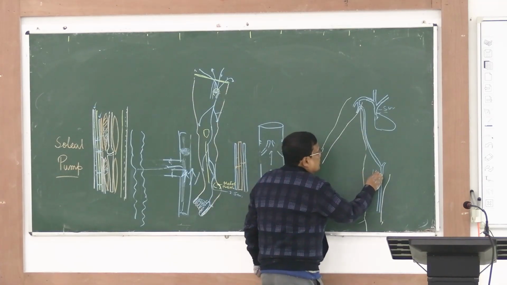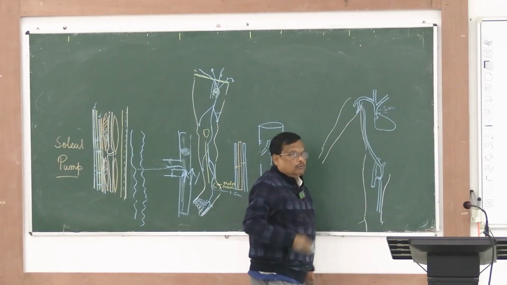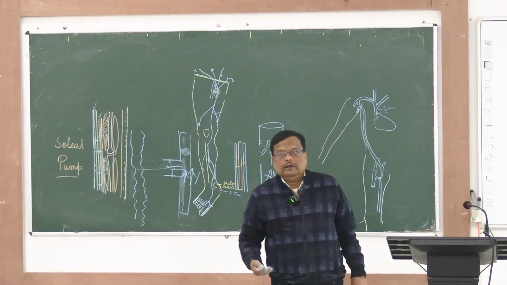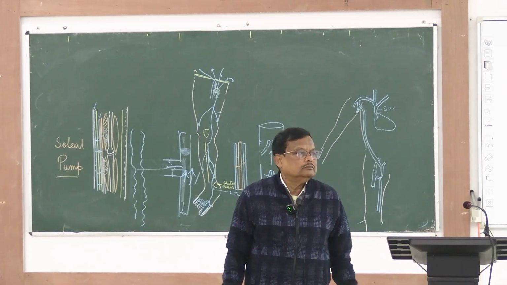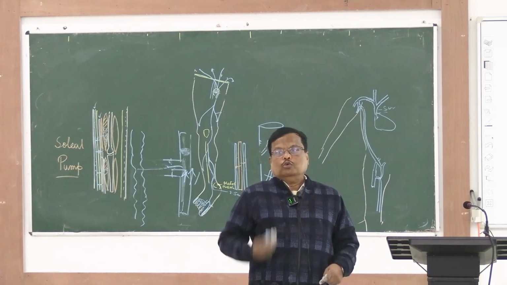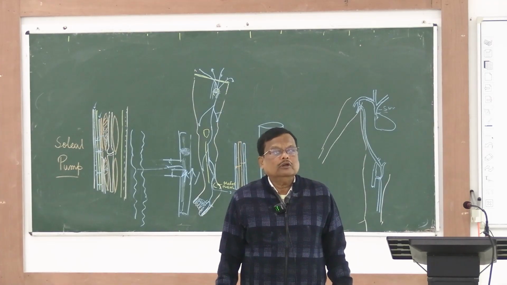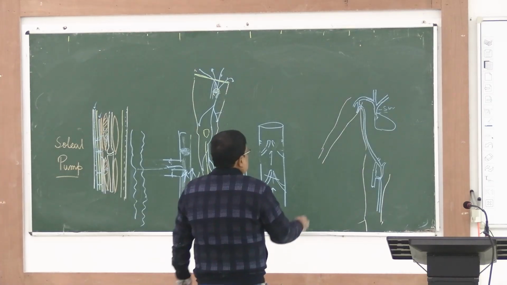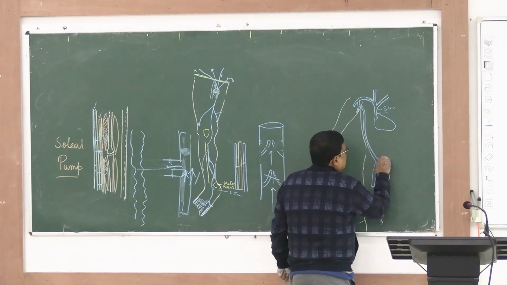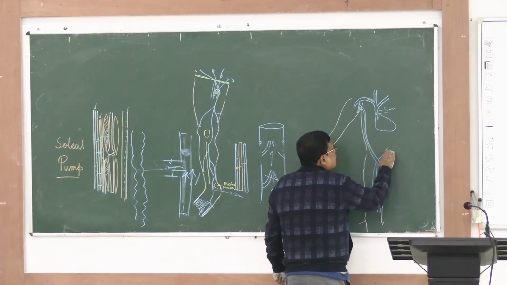Similarly, femoral vein, when it crosses the inguinal ligament, enters the abdomen, it becomes the external iliac vein. এই ফিমোরাল ভেনটা যখন উপরে উঠছে, এখানে আসছে, নাম চেঞ্জ হয়ে যাচ্ছে। উই কল্ড এক্সটার্নাল ইলিয়াক ভেন। This external iliac vein join with the internal iliac vein to form the common iliac vein.